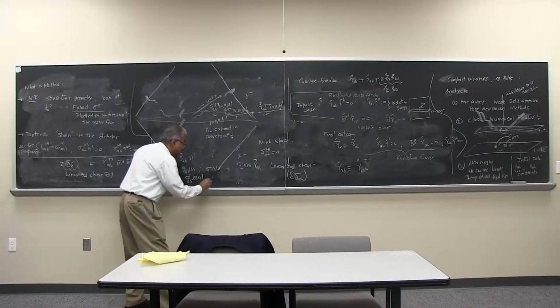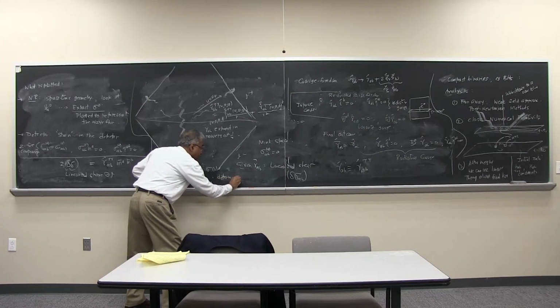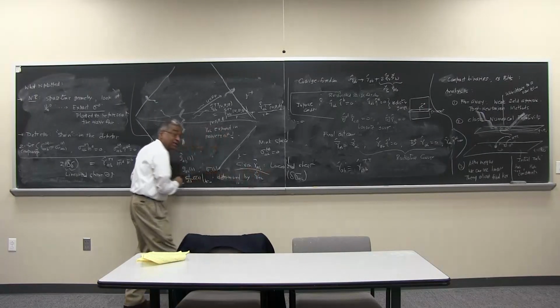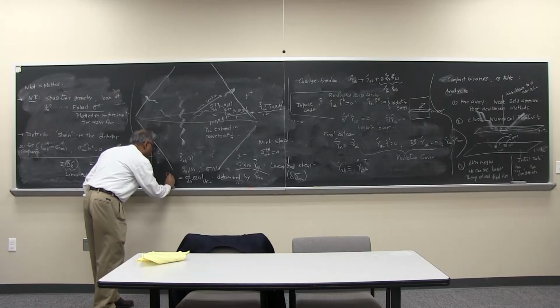This is completely determined by the linearized metric gamma hat_ab, because it's just the linearized shear. It is this linearized shear that I'm calling delta sigma.